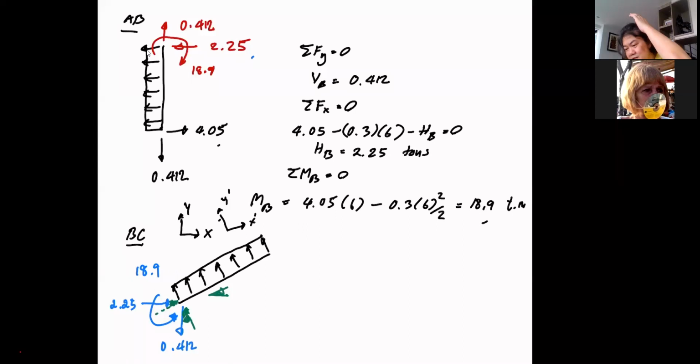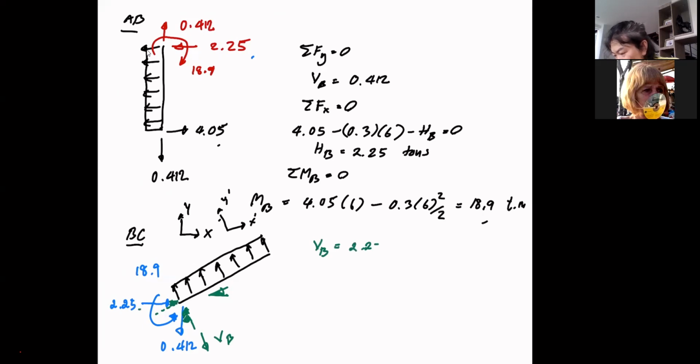So that means this vertical component, let's say VB, this VB is going to be equal to, this one is a sine component, right?